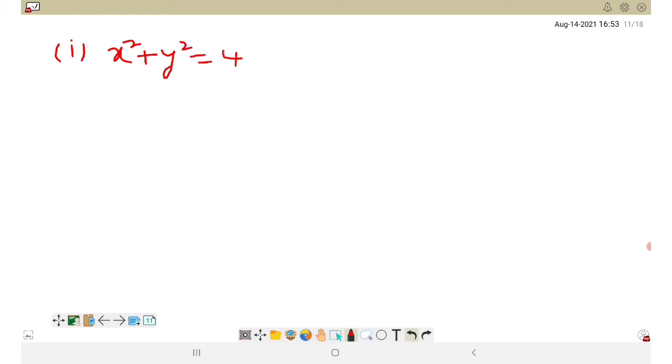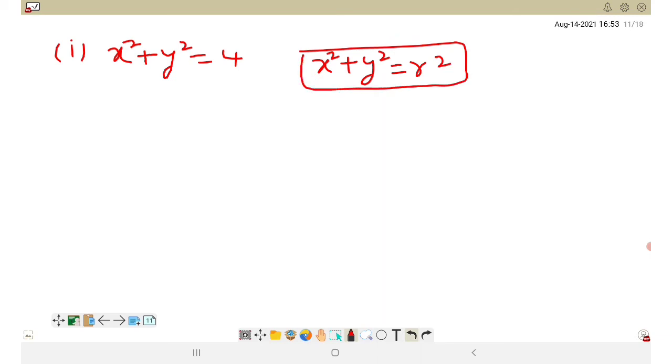This is in the standard form of the circle, x square plus y square is equal to r square. So here the center is 0 comma 0, which is h comma k, and r square is equal to 4, so r is equal to 2.